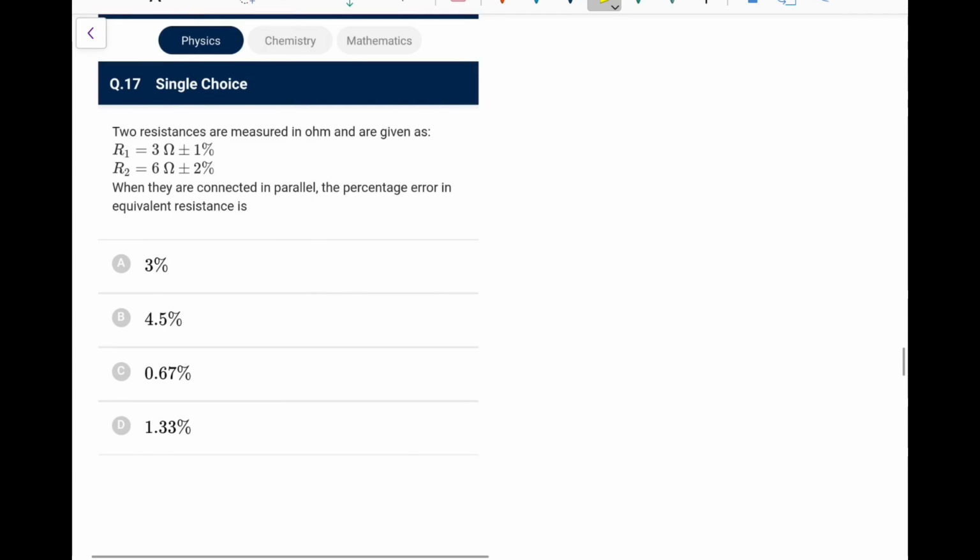Two resistances are measured in ohm like this. They are connected in parallel, find the percentage error. So when they are connected in parallel, for small changes we can write delta Rp by Rp square will be equal to delta R1 by R1 square plus delta R2 by R2 square, using 1 by Rp is 1 by R1 plus 1 by R2. So first of all, as per the 3 and 6, the parallel value would be 2.